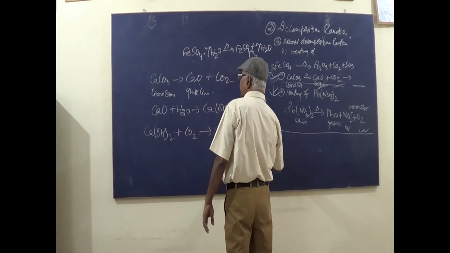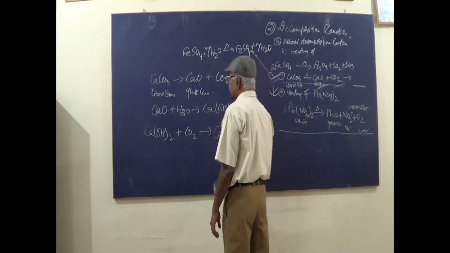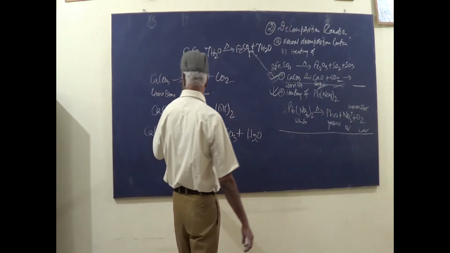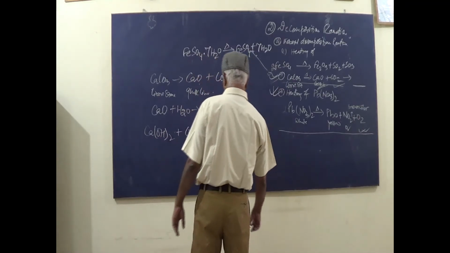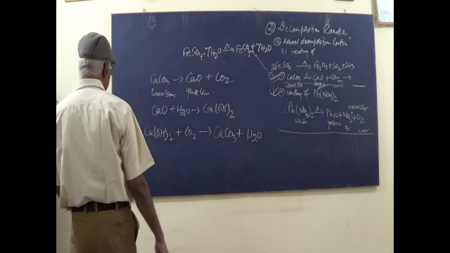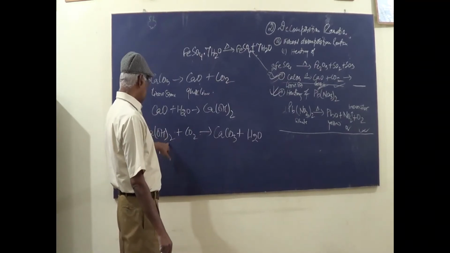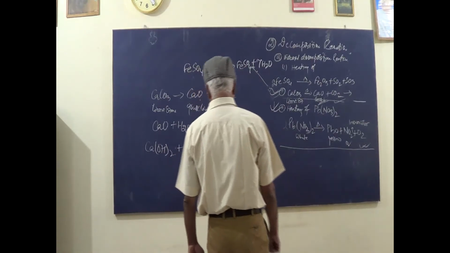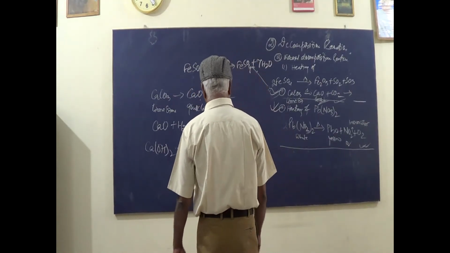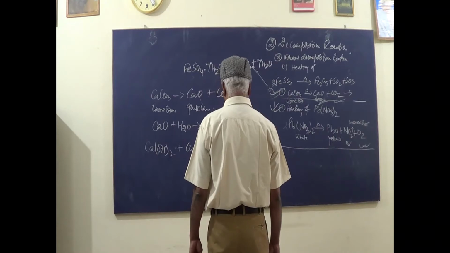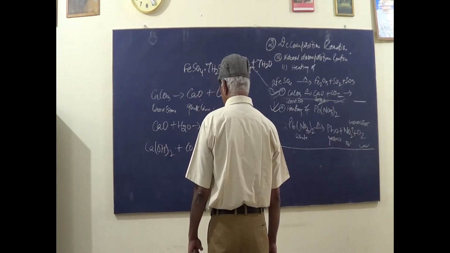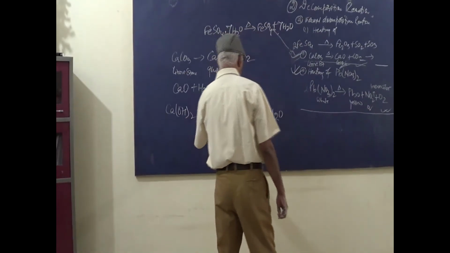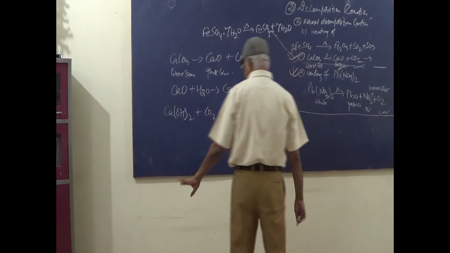Ca(OH)2 plus CO2 gives CaCO3 plus H2O. Now check whether it is balanced or not. Hydrogen is 2 and 2, oxygen 4 and 4; oxygen 3, 1, 4, it is balanced.